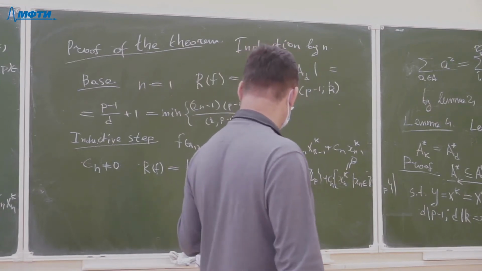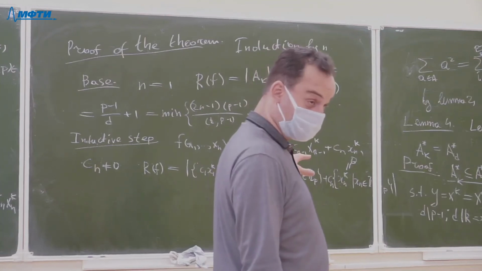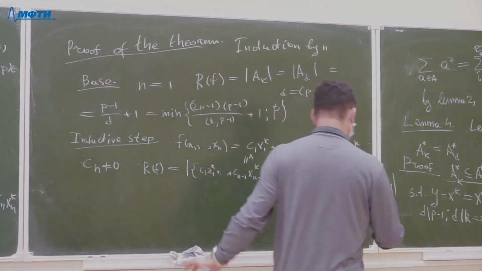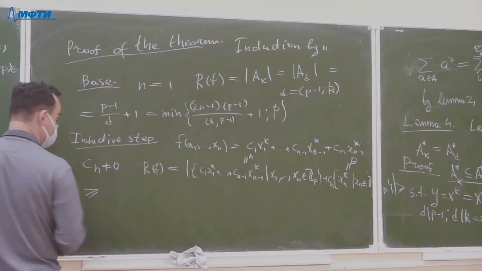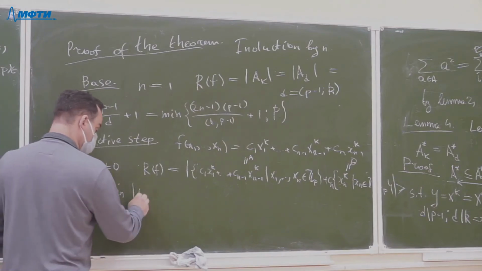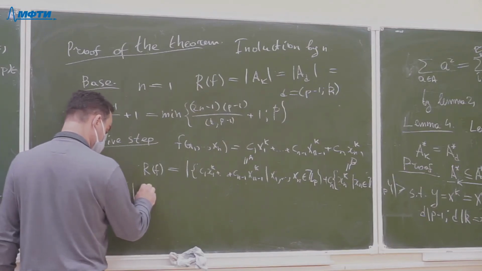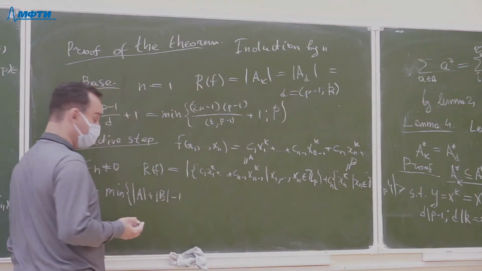Look, here we can use Cauchy-Davenport, right here. By Cauchy-Davenport, it's at least the minimum between the size of A plus the size of B minus 1, and p.